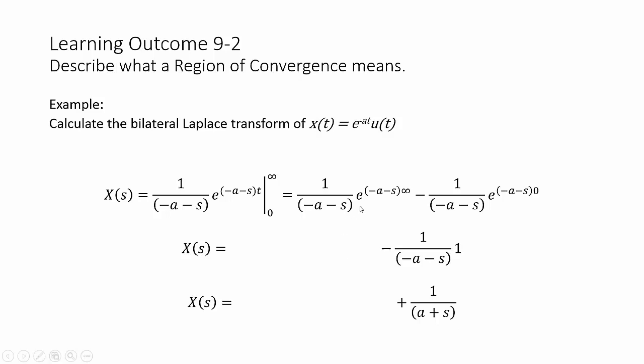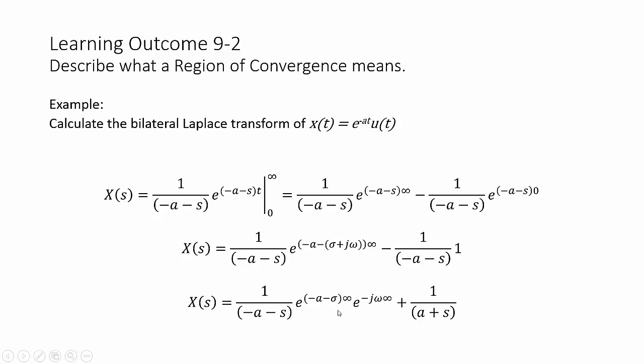Now let's look at this first term. This first term has an exponential, and that exponential is partially real and partially imaginary. We can break it into the real parts and the imaginary parts. This second term here has a magnitude of 1 and will never go to 0 and never go to infinity.